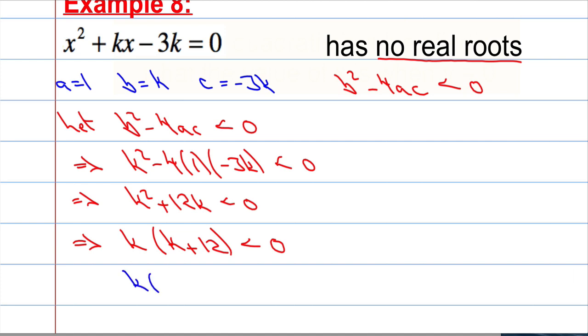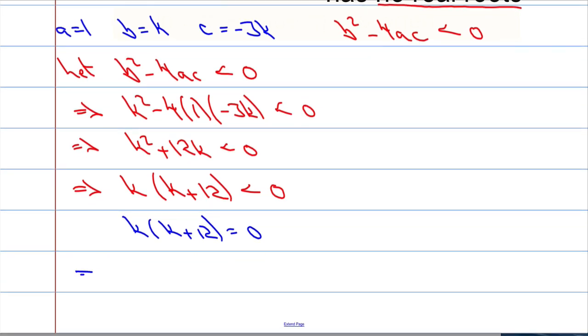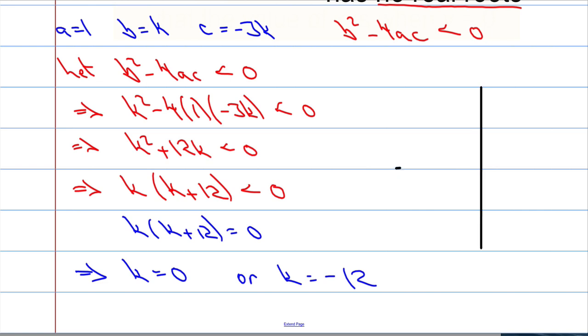So consider it equal to 0, k times k plus 12 equal to 0, which would suggest that k equals 0 or k equals negative 12. Okay. Now what we could do is sketch this really quickly.